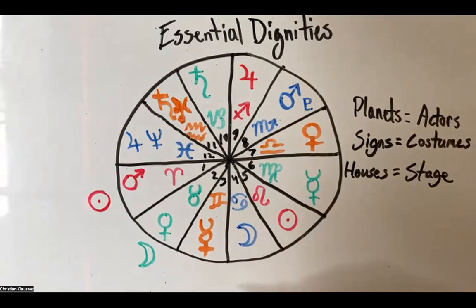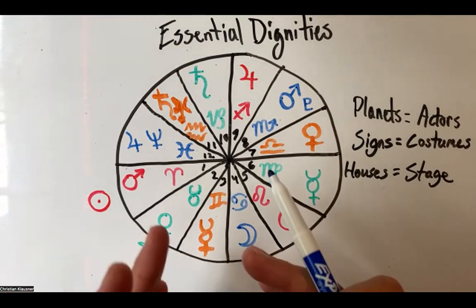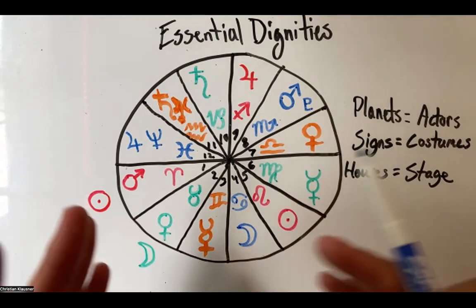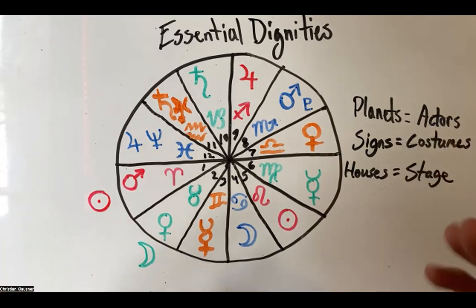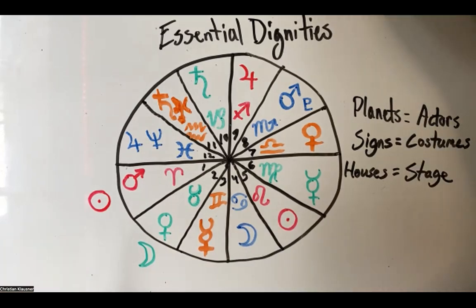It has no exaltation, which is kind of revealing in itself. It just shows the neutrality of Gemini and of Mercury. So sorry guys, give me one sec. I don't know why this isn't loading. Why won't this load?